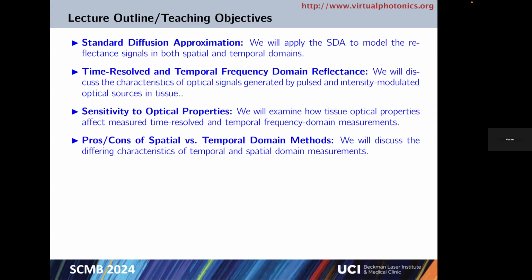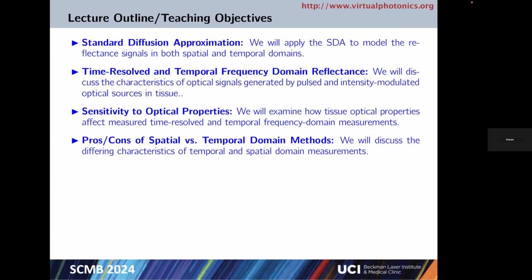I'll spend most of the time unpacking in a little more detail the curves that Tom already showed you, in terms of the sensitivity of both time and frequency domain signals to absorption and scattering. So you get an understanding of what the curves look like, why they look the way they do, and how they're sensitive to absorption and scattering properties.